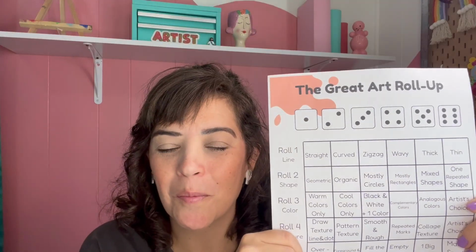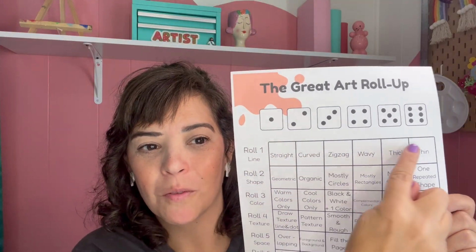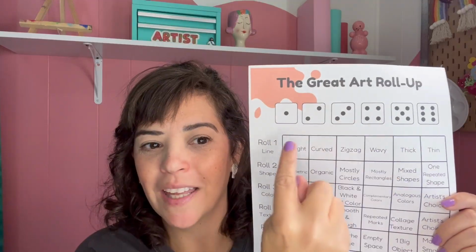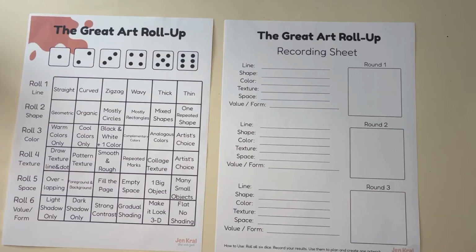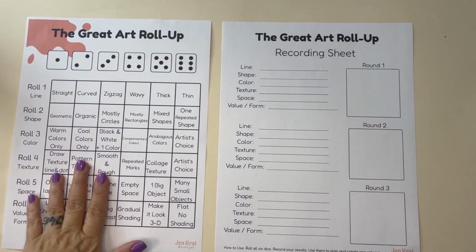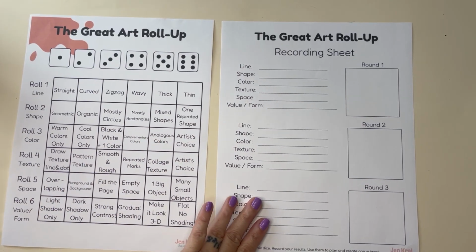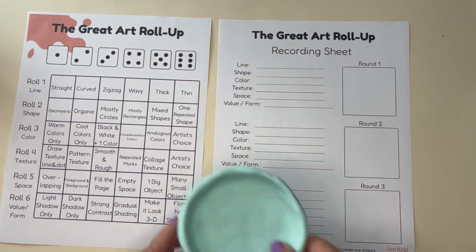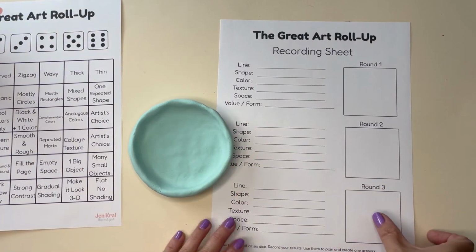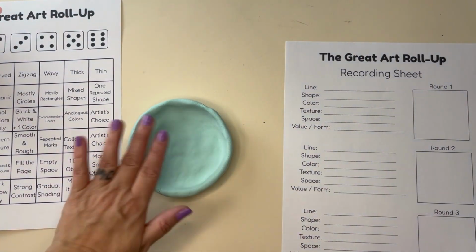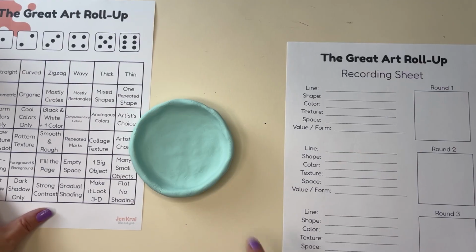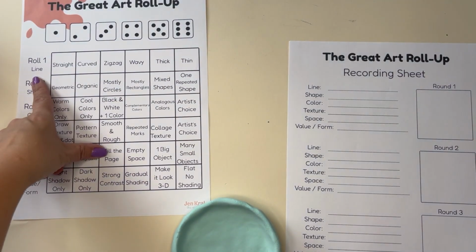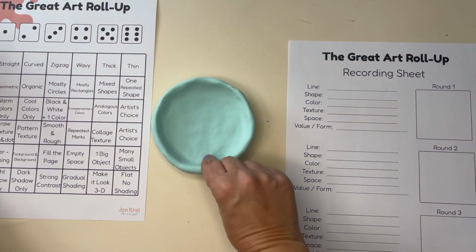Okay, so for roll number 1, I will roll here, and depending upon what number I get, that will tell me what I need to draw. Okay, I have my game board and my recording sheet and my dice, and I'm actually going to roll my dice in my little bowl that I made last week just to make sure it stays on my table. So for roll number 1, we're rolling for the type of line we're going to use in our art.